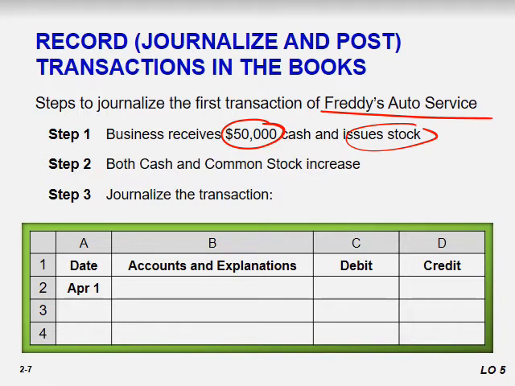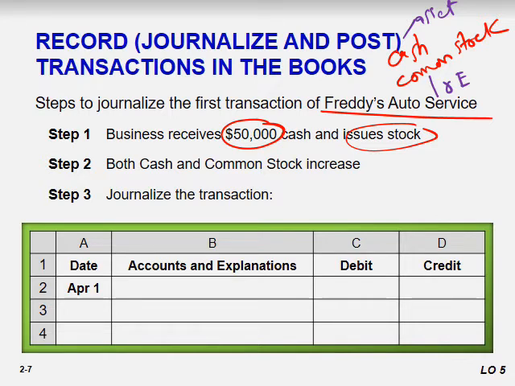This transaction will affect the cash account and the common stock account. Cash is the account for assets, and common stock is the account for owner's equity or shareholder equity.